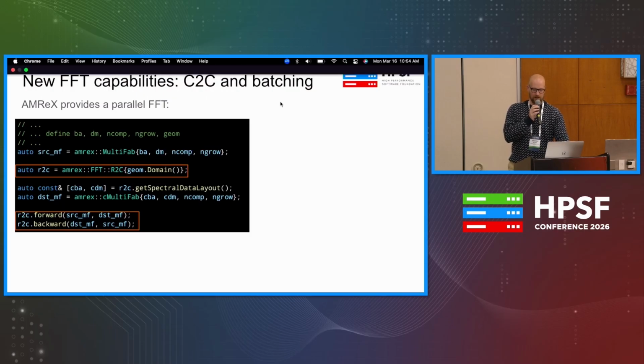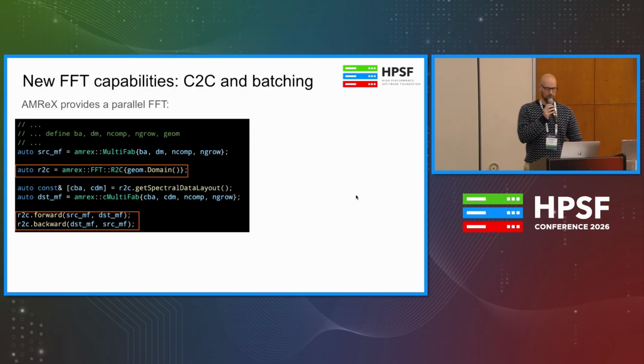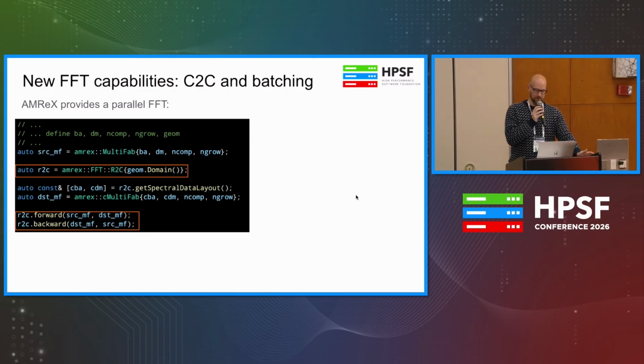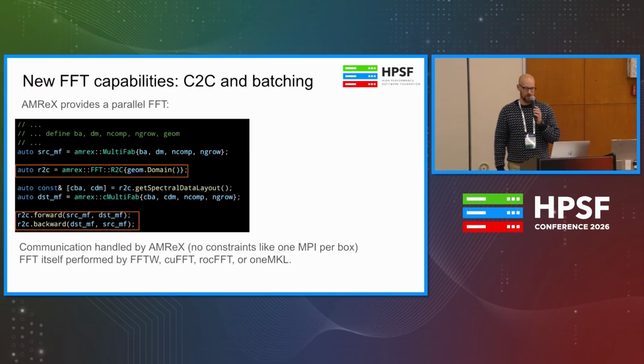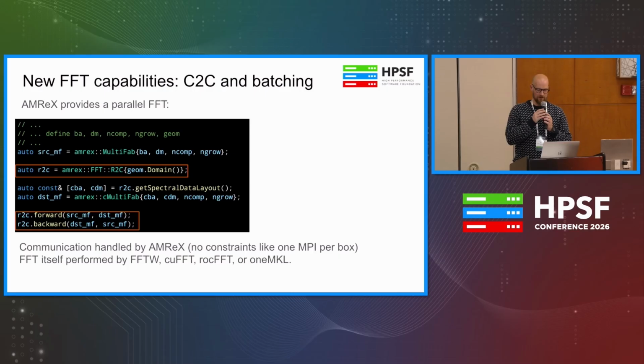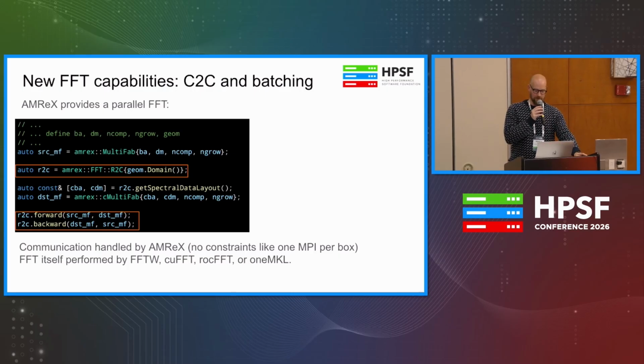Another new capability is with regards to our FFT capabilities. We provide a parallel FFT that, under the hood, to do the individual FFTs, is either using FFTW, cuFFT, rocFFT, or oneMKL, but it provides a wrapper around all that.